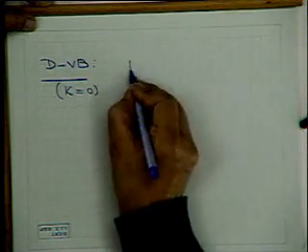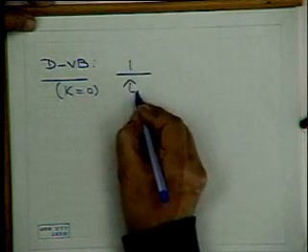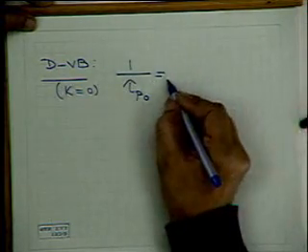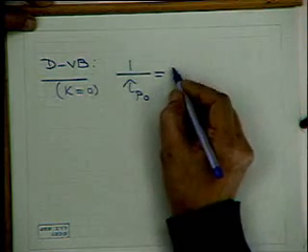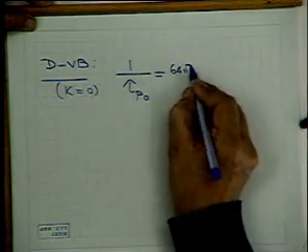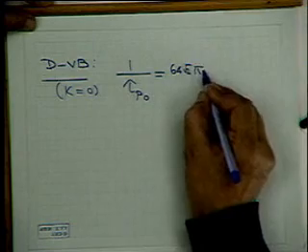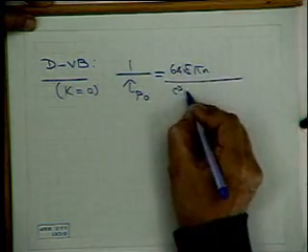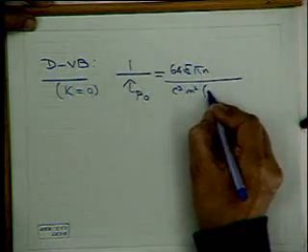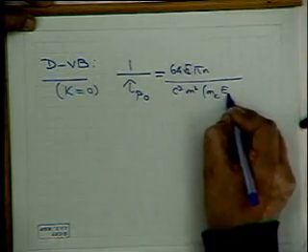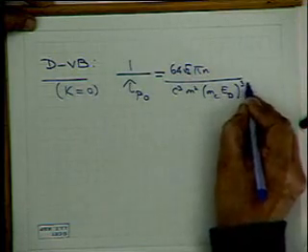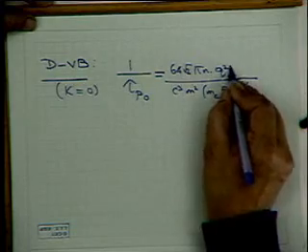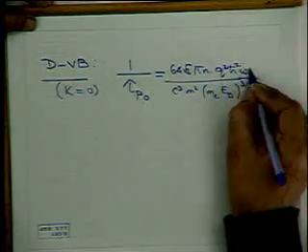It is found that 1 by tau p0 is equal to a big term comprising just constants, 64 root 2 pi n c cubed m squared mc Ed to the power 3 by 2, over q squared h squared omega, where omega is the frequency.